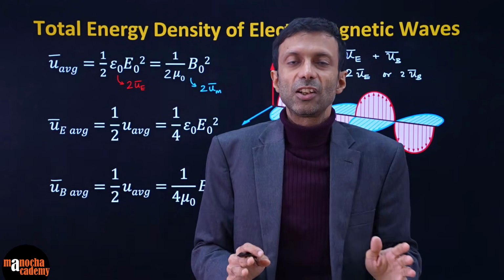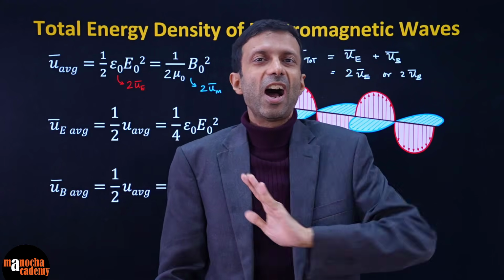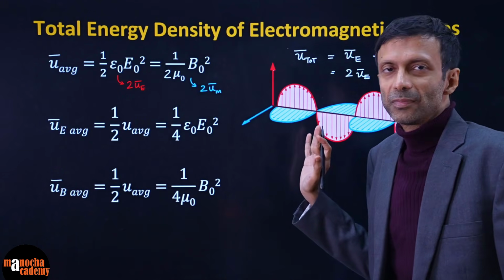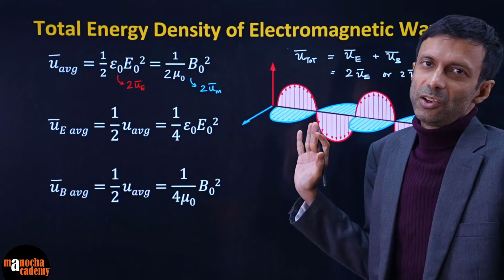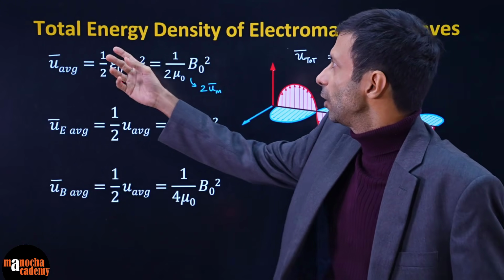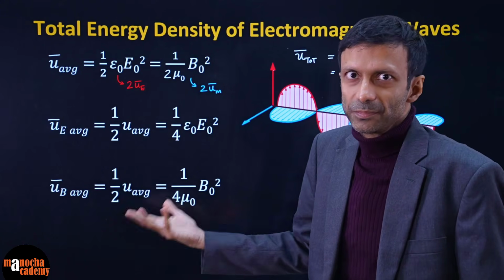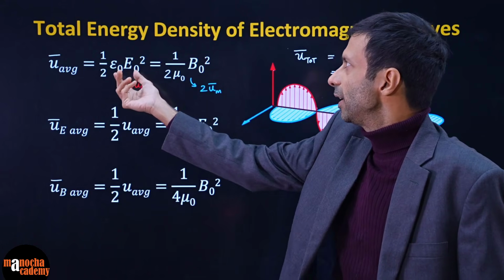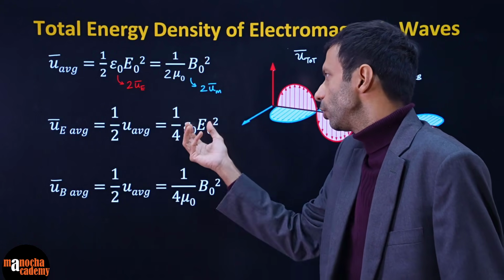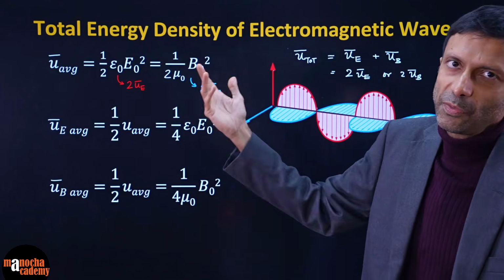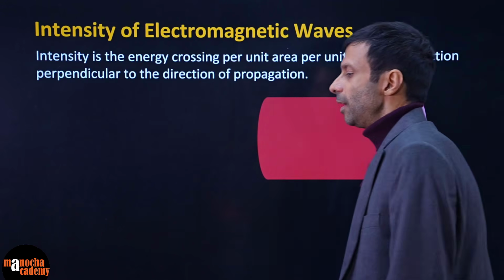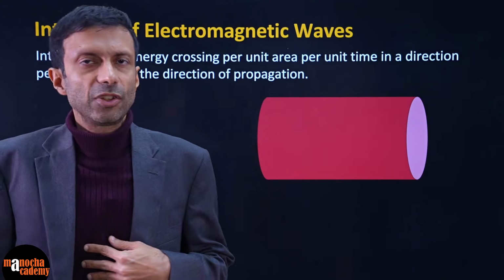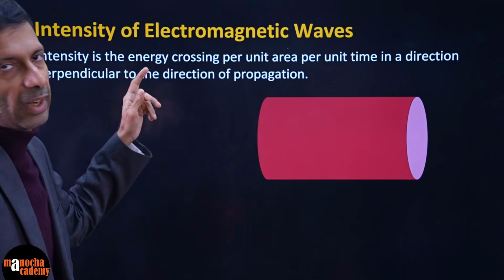So basically the total gets split half into electric, half into magnetic. That's it. So you can just remember the total formula and then halve it, or you remember the individual and double it, whichever one you like. Next, let's talk about a very interesting concept which is called the intensity of the electromagnetic wave.